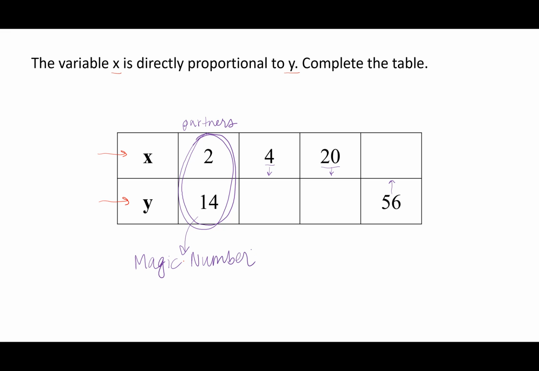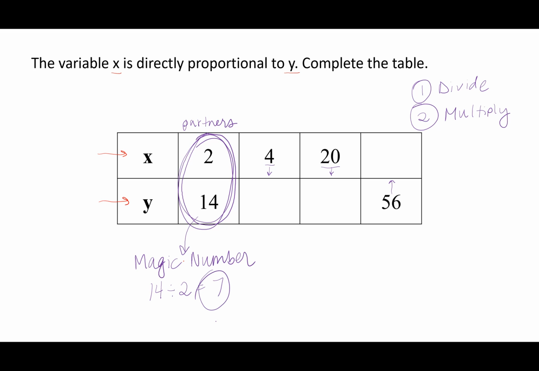All right, when we're working with direct proportion, if you've watched my previous video on direct proportion, you know that there are two steps here. And I like to say step 1, divide, and step 2, multiply to find how we relate those two values together. So to find this magic number, I'm going to divide 14 by 2, and that would give me 7.